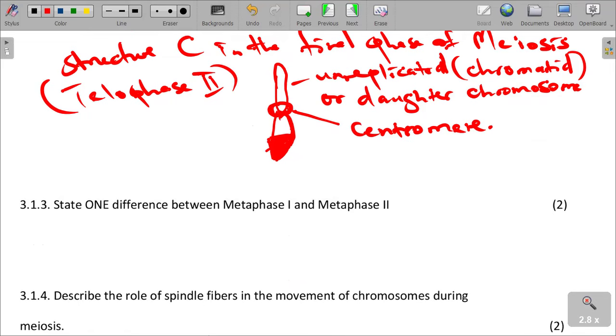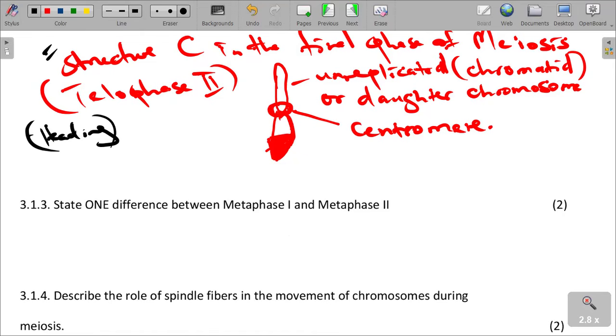But before I go there, I want you to note something here in terms of this diagram. You must be able to give the proper heading when it comes to marking of this question. You need to have the heading. It is very important. The heading, which is what I have given here, structure C in the final phase of meiosis 2.